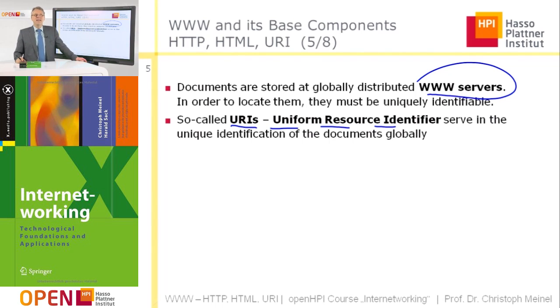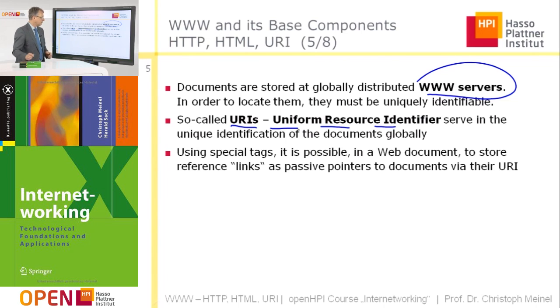They serve for unique identification of the documents, and this identification needs to be unique globally, because if a user wants to request a document and the document is identified by its URI, it should be very clear that this URI is used only once. Otherwise, the internet protocols would not know how to receive the document.